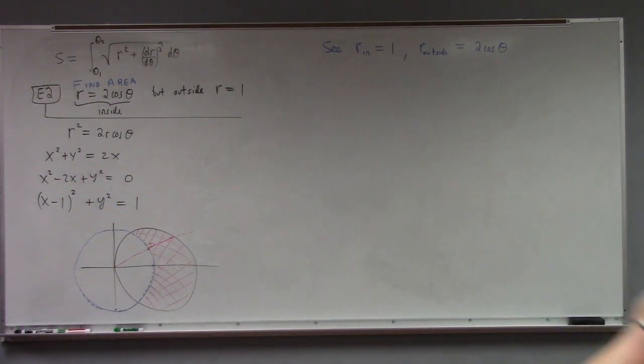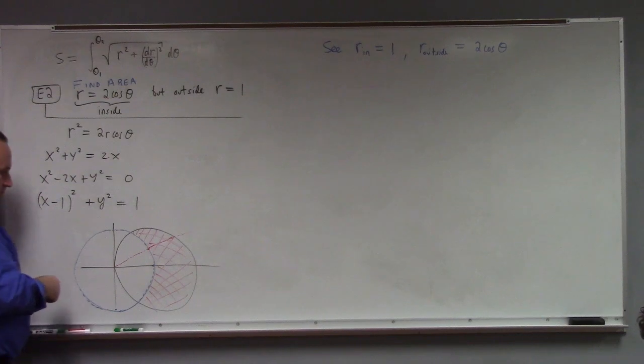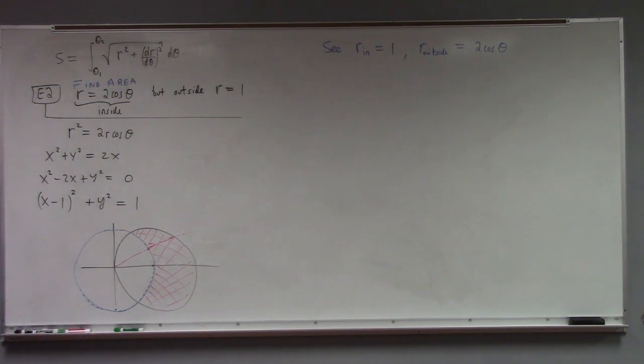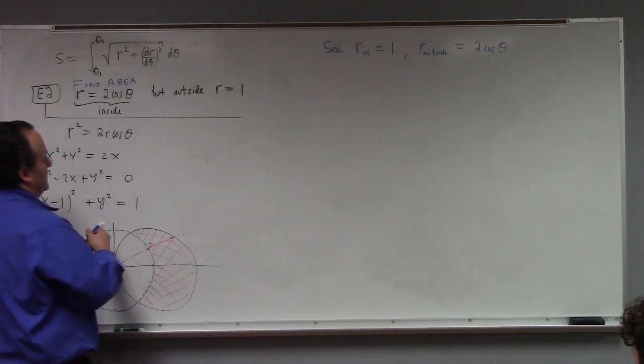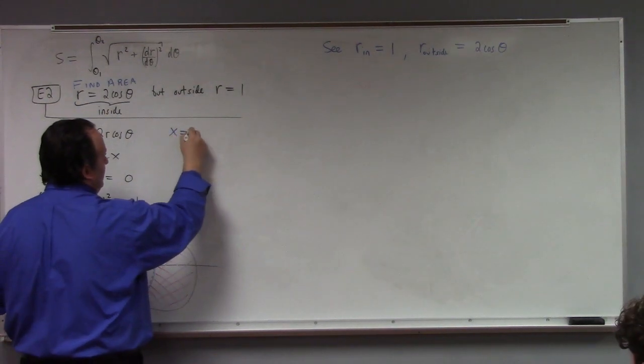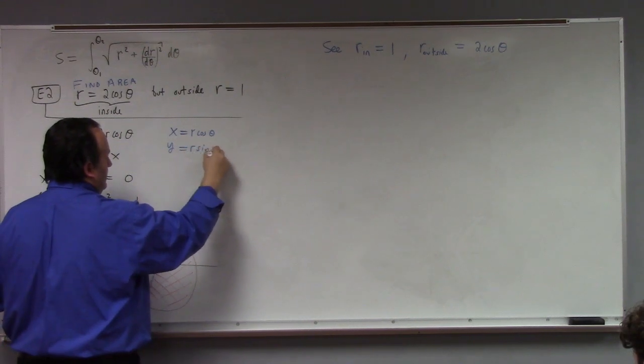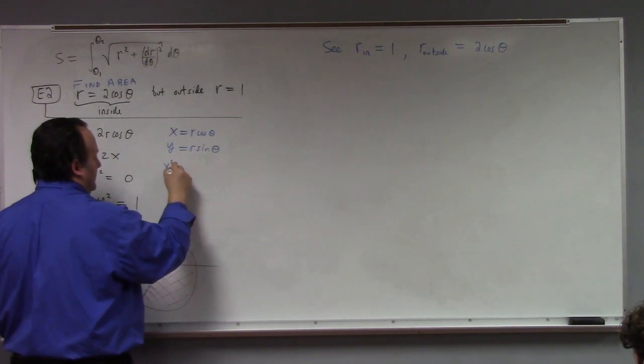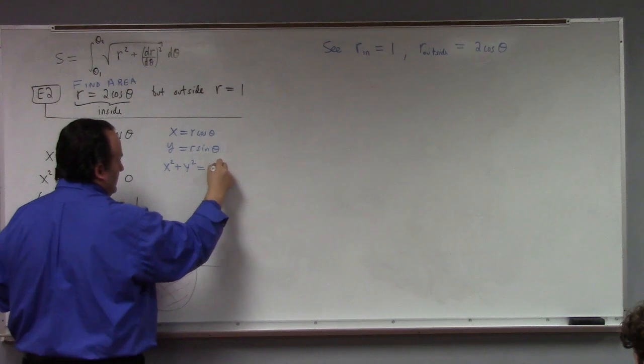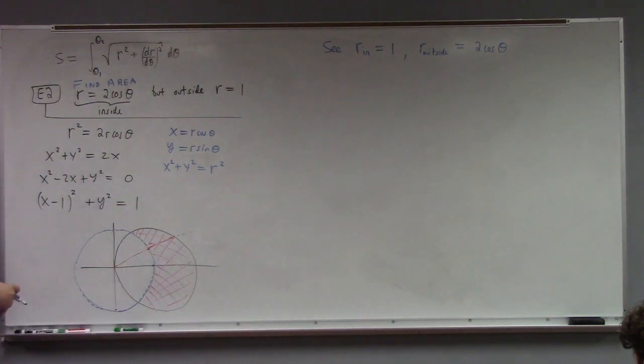Yes, sir? I'm confused about the step. When you said r squared is equal to 2r cosine theta, and then you made it x squared plus y squared equal to 2x. Oh, well, I'm still using the polar coordinates. You must remember these. We have x equal to r cosine theta, y equal to r sine theta. So this means, among other things, that x squared plus y squared is equal to r squared, and that's what I've used here.